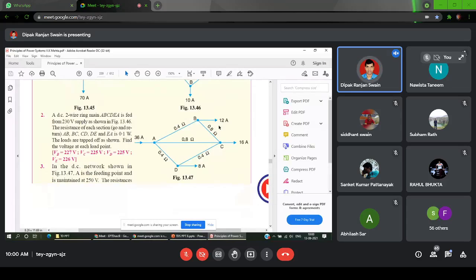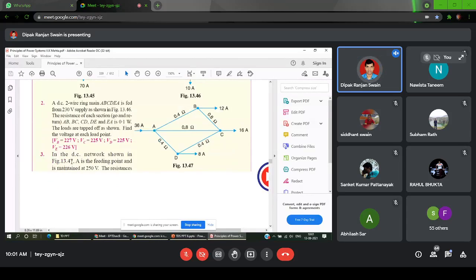Okay. Now go to the next problem. Draw this figure first. Complete.